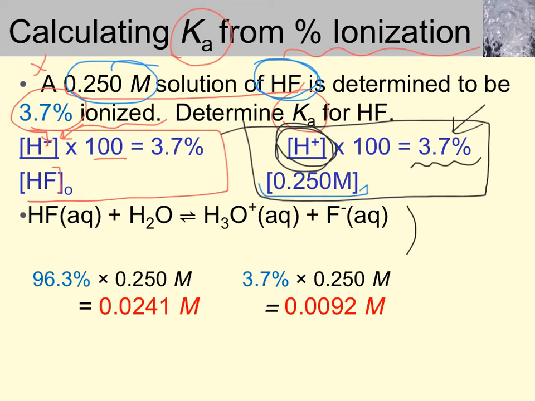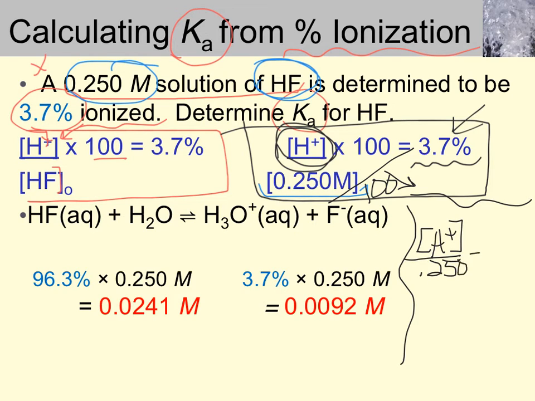So let's go ahead and simplify this. First thing I'm going to do is divide both sides by 100. And so then I get, it looks something like this. All right. And now I'm going to multiply both sides by 0.250.